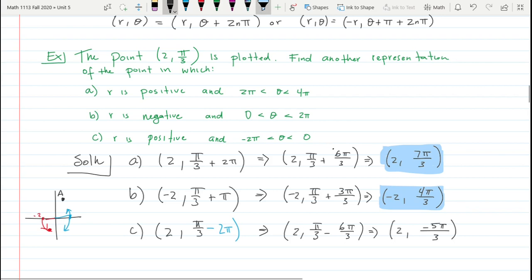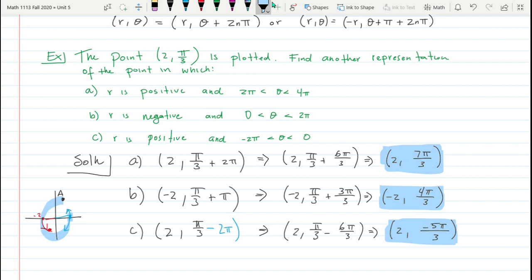So if you wanted to go positive on the radius, sorry, and then go negative, and then go around and end up right there, that's what we did on the last example.